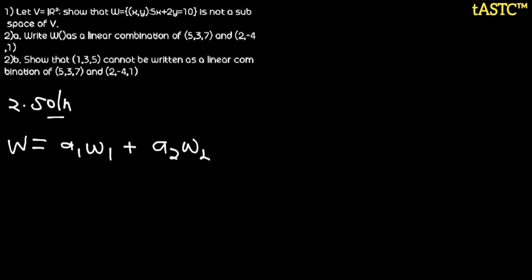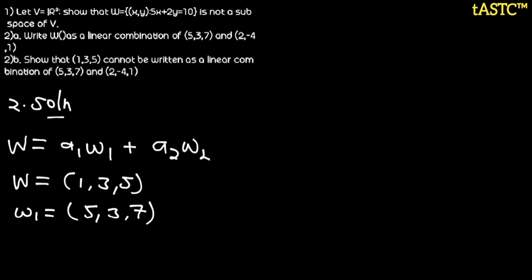Now in this case, we're going to make W to be (1, 3, 5). So we're designating that name for this vector. Now let us say you have W1 to be (5, 3, 7). Then we have W2. Let that be (2, -4, 1).